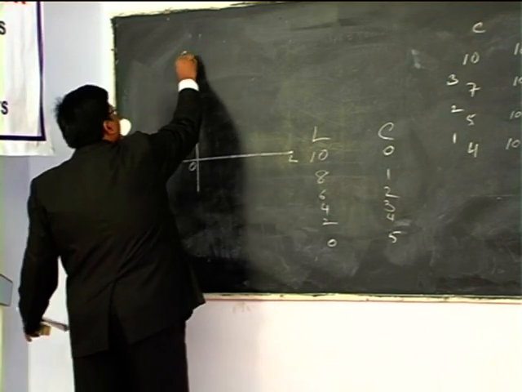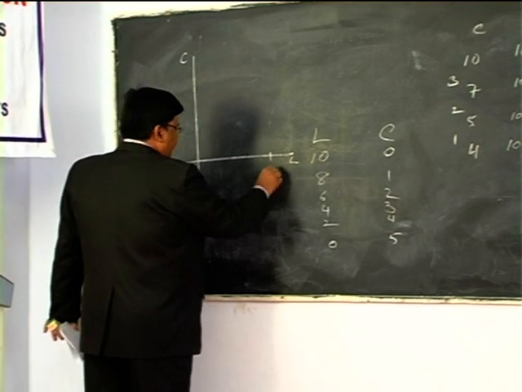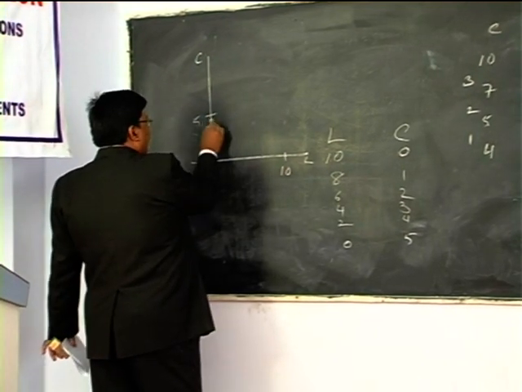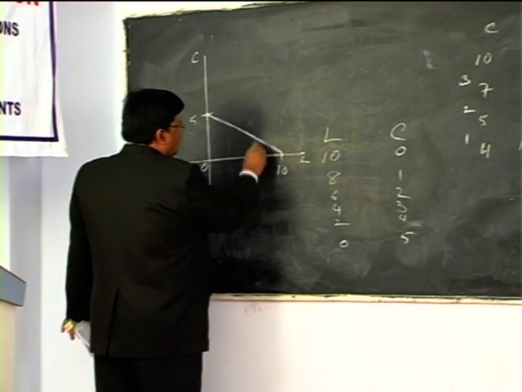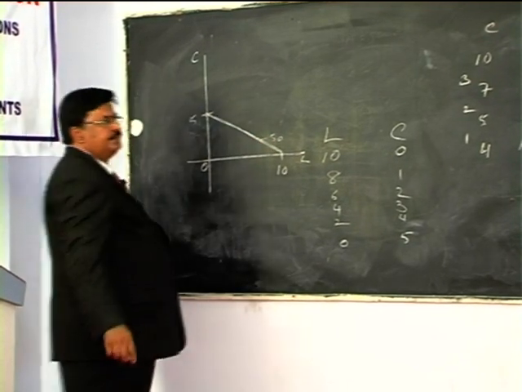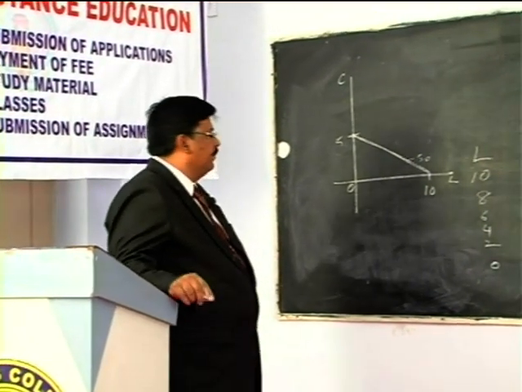Labor here and capital here, labor 10 and capital 5, and connecting these two, this is called ISO cost line for $50. Okay?